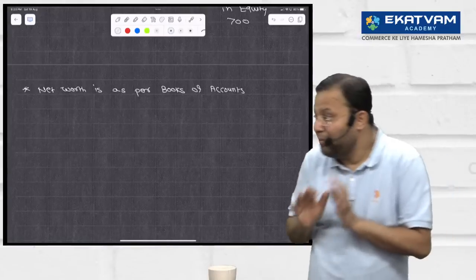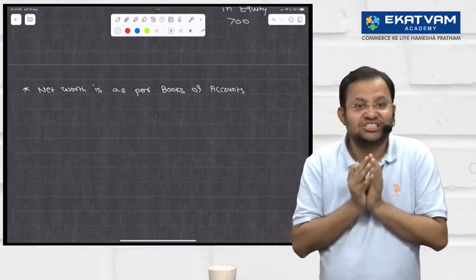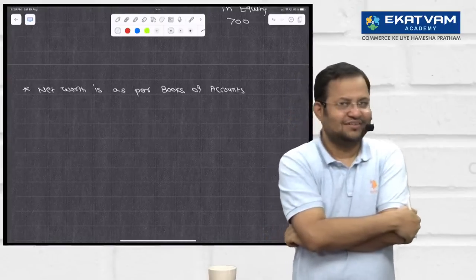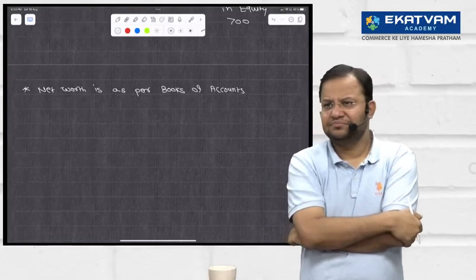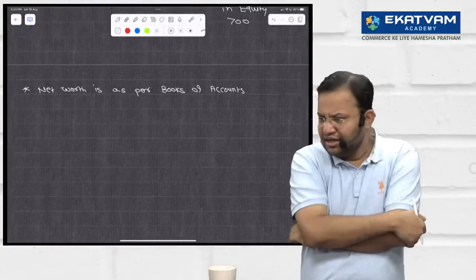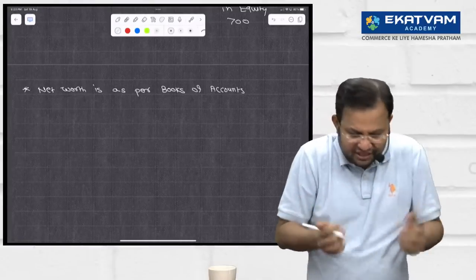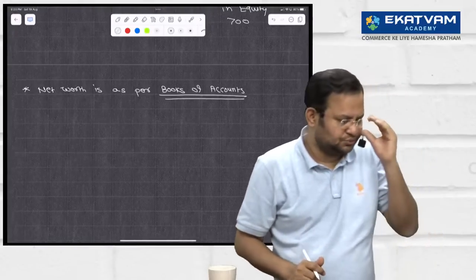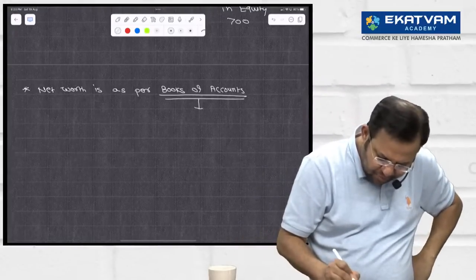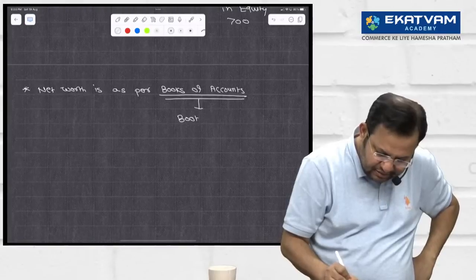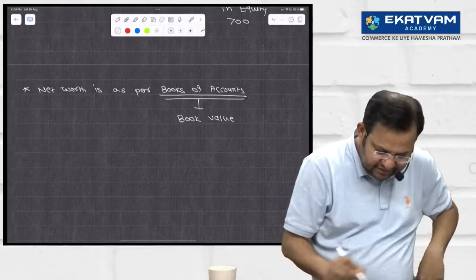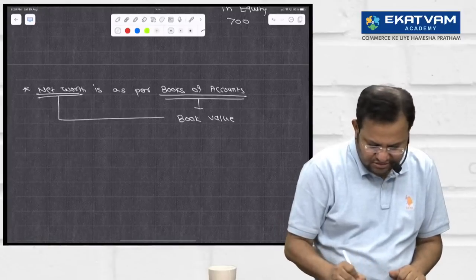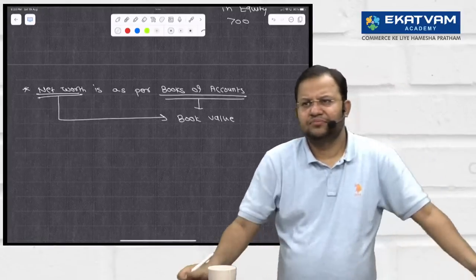Net worth is on a balance sheet. Balance sheet is prepared at a historical cost. Net worth is at a historic, as per balance sheet है ना? So it is as per books of accounts. एज पर बुक्स ऑफ अकाउंट मतलब ये क्या है? बुक वैल्यू है। नेटवर्थ इज एज पर व्हाट? बुक वैल्यू, है ना?